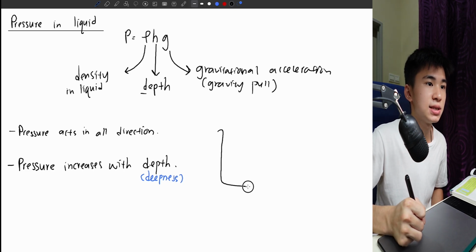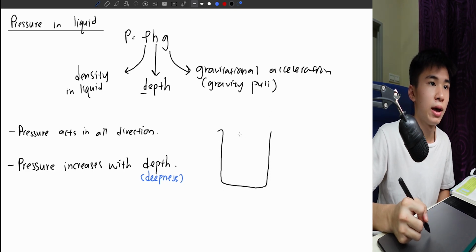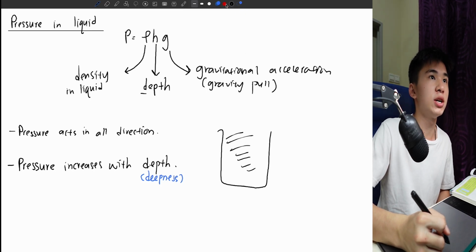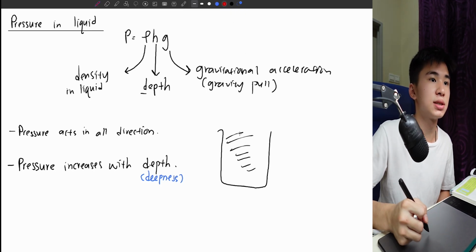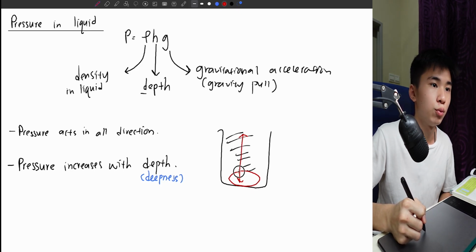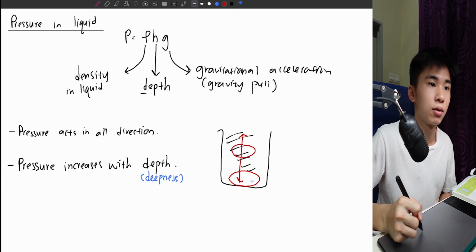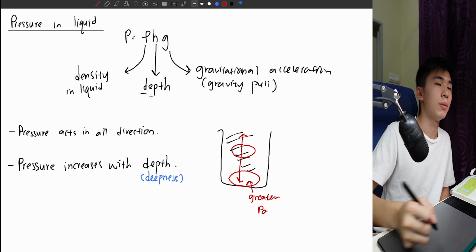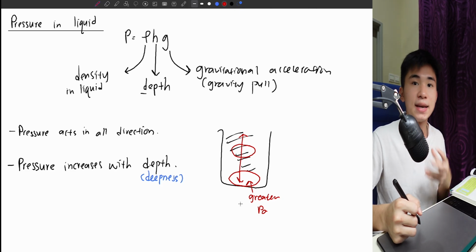If this is our swimming pool and this is the liquid, pressure increases with depth, which means this point will have greater pressure than this point. PA stands for pressure.